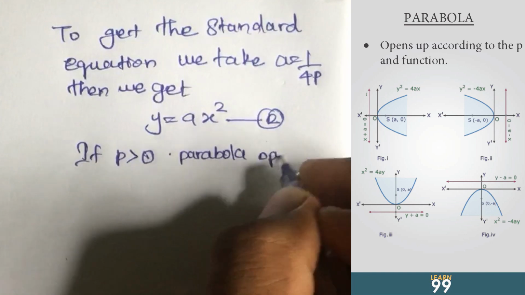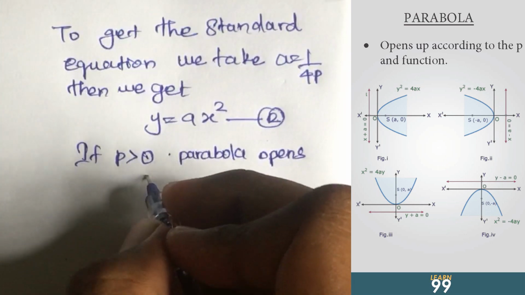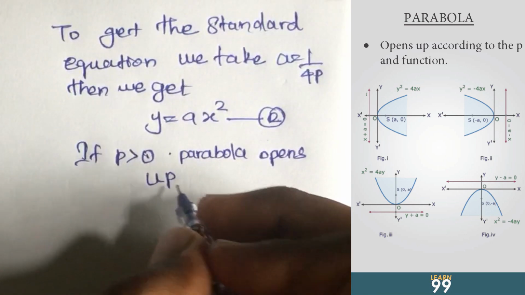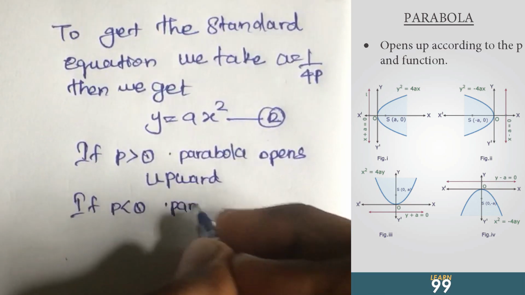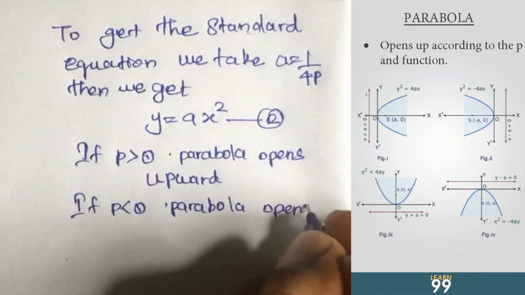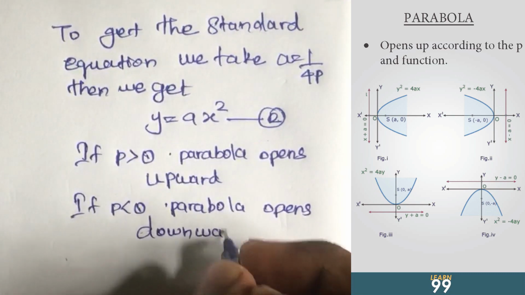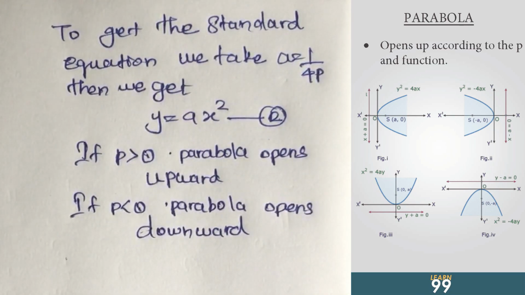Also, we can define the parabola at any side of our axis. If our p is greater than zero, then our parabola opens upward. Also, if our p is a negative value, then our parabola opens downward.